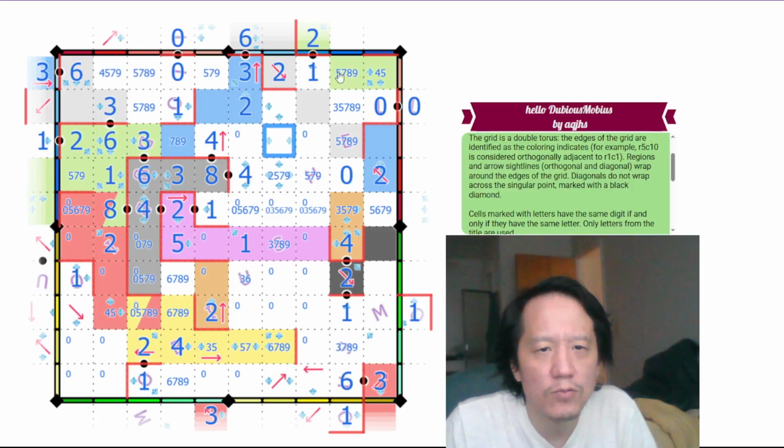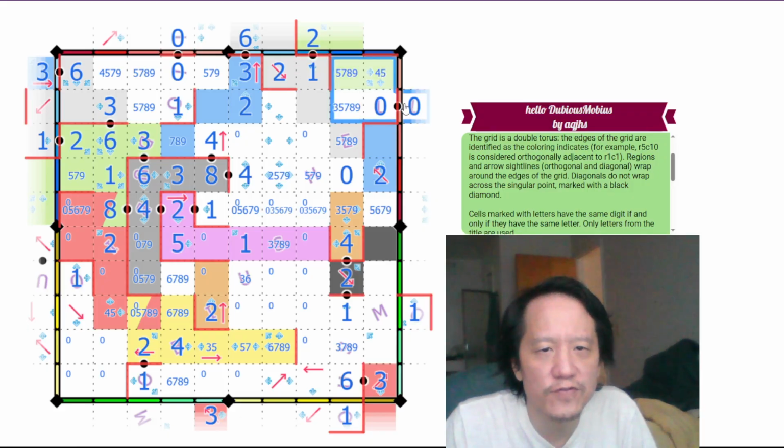One cannot be green. So this is bordered by green and the light gray. So this must be light gray. Okay. So this is green also. This is a border.